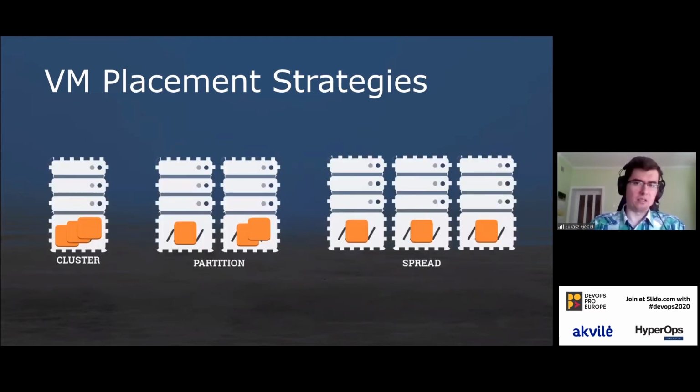And in AWS, we've got this placement group, and you can choose from cluster placement group, which means that all of your VMs will run on the same rack, the partition. So you can define logical partition and choose which machines go to which partitions, and the spread one, which will try to spread all of your machines equally through different fault domains, different racks.